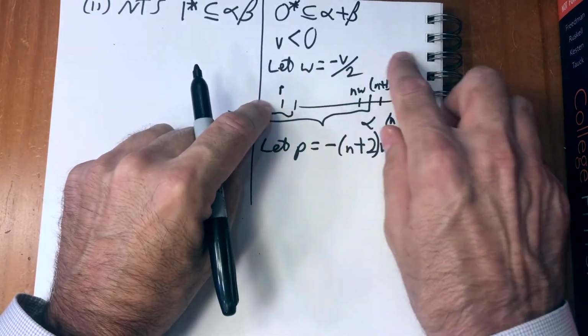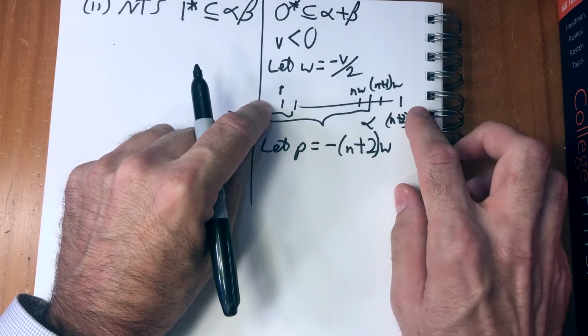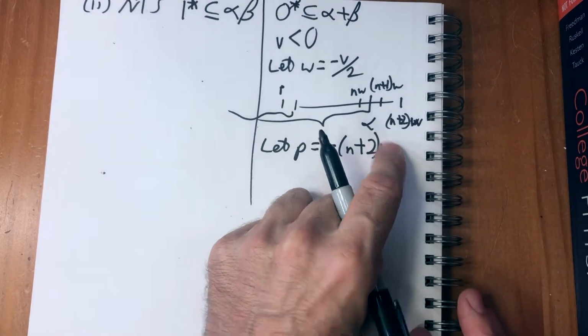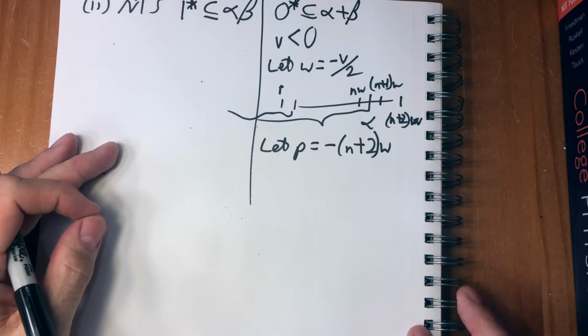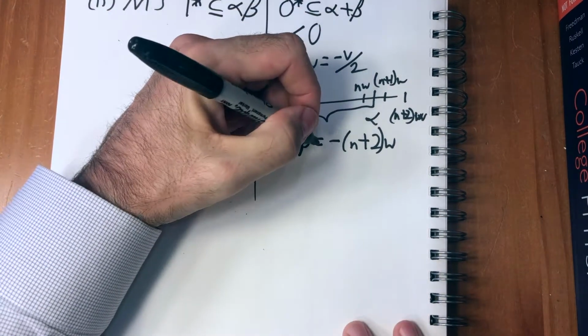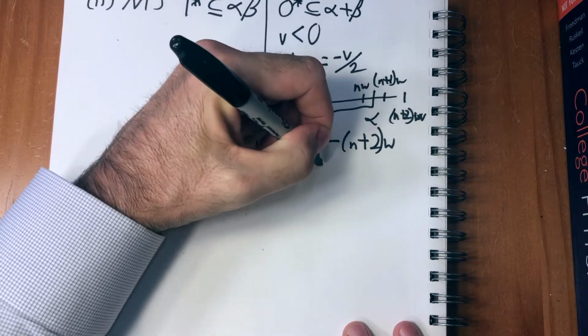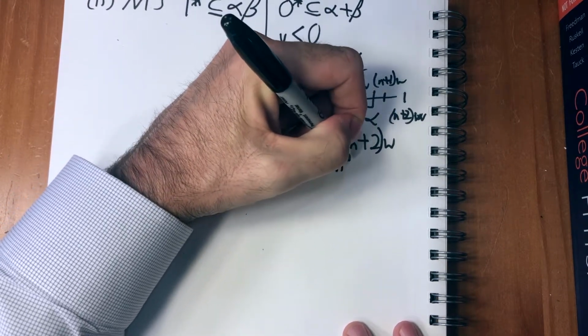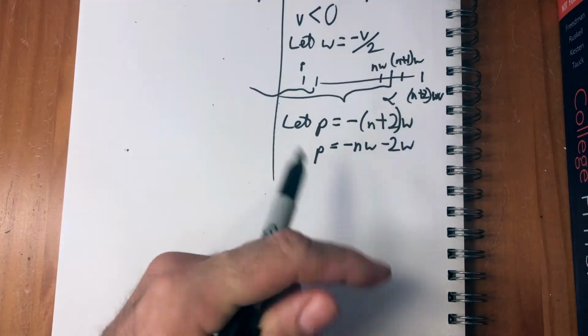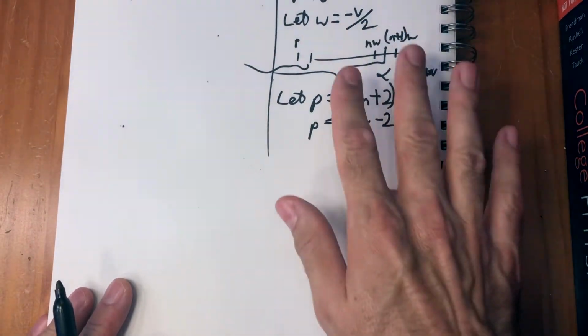We want to be able to take the inverse of p and then subtract w from it and still be outside of alpha. That's the definition of beta. So this allows us to do that. So we have that p equals minus nw minus 2w. What we need to show is that this is in beta.